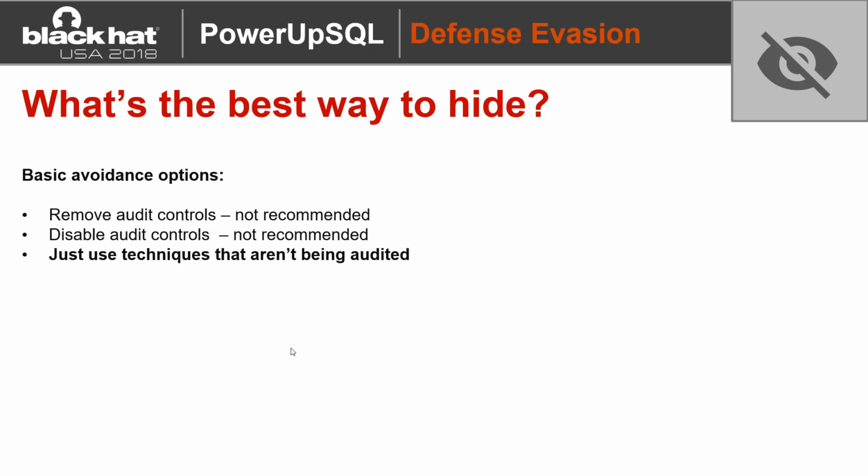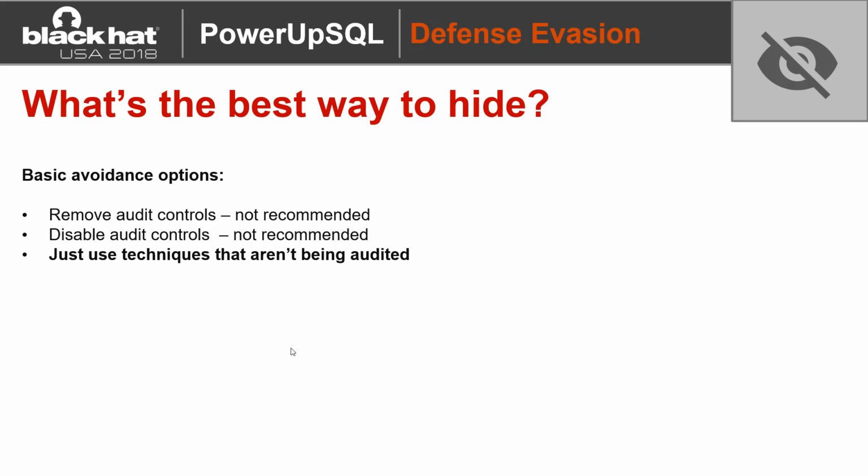General guidance from me, just based on previous experience: removing audit controls usually is not something that clients really like to see. Both removing audit controls and disabling audit controls can be a little loud.